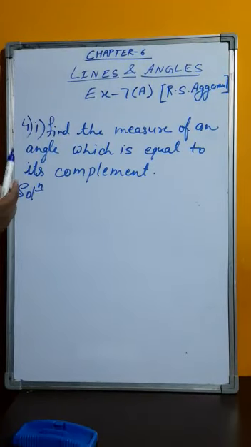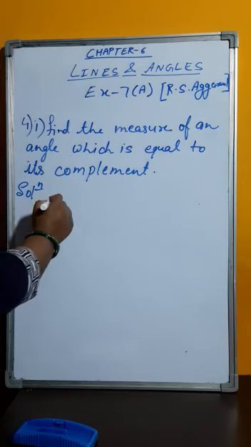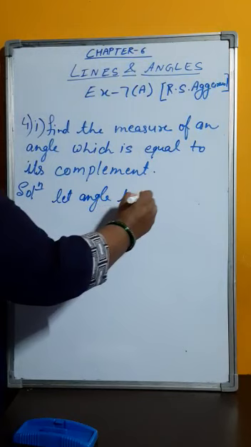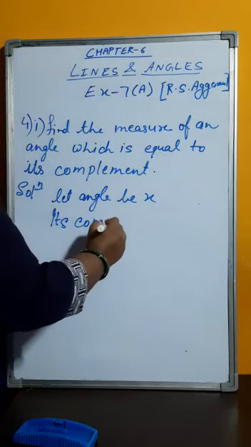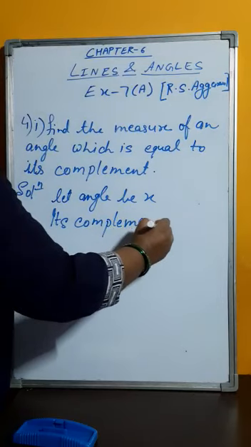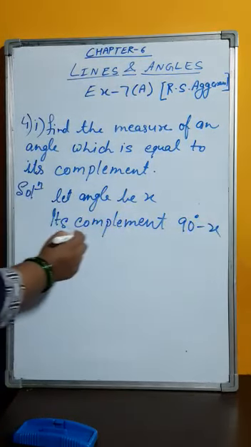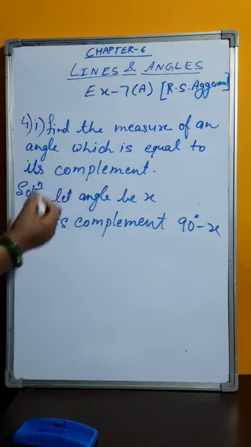Question number 4 says, find the measure of an angle which is equal to its complement. So we'll assume let the angle be x. So what can we write for its complement? Its complement is 90 minus x. According to the question, the angle is equal to its complement.